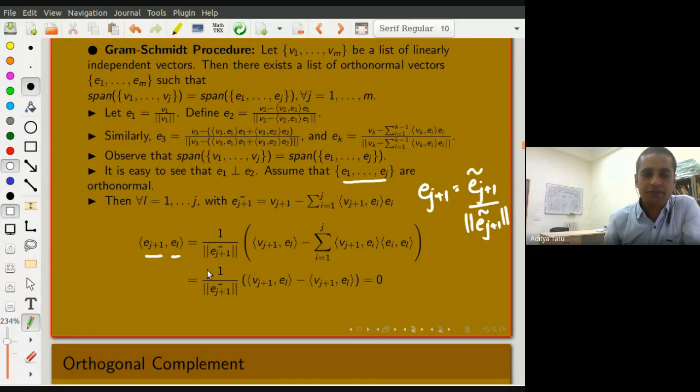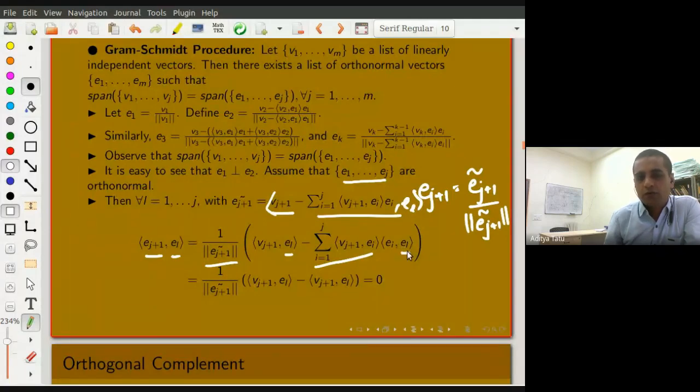As we did in the previous case, I have defined EJ plus 1 as EJ plus 1 tilde by its norm. So this norm can be brought out, and EJ plus 1 tilde is nothing but VJ plus 1 minus this summation. If I take the inner product of this with EL, using linearity, I get VJ plus 1 inner product EL, minus, using linearity again, I can bring out this constant here, VJ plus 1 inner product EI into EI inner product EL.